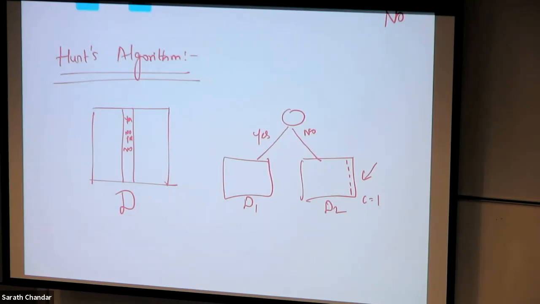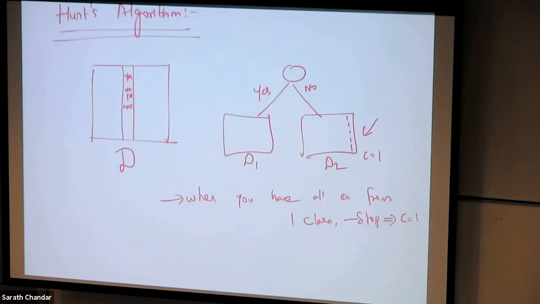So when you have all examples from one class, you will stop with the class label c equal to 1, or c equal to 0 otherwise.